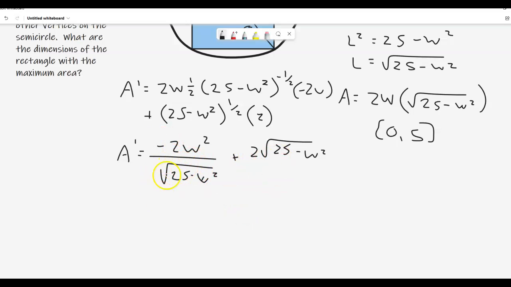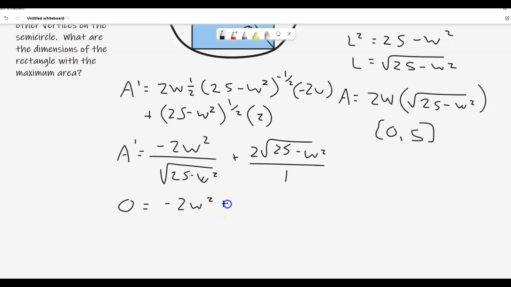So I'm going to go ahead and combine these two functions here. So 0 is equal to, I can multiply the top and the bottom of this by the square root of 25 minus W squared. So that's going to give me negative 2W squared, and then multiplying that by the top, you're going to get 2 times this here.